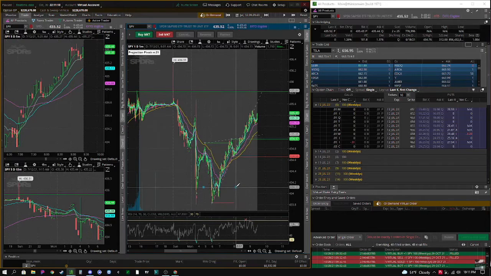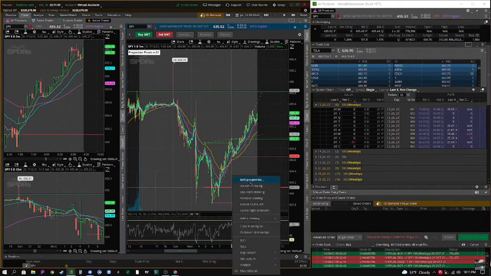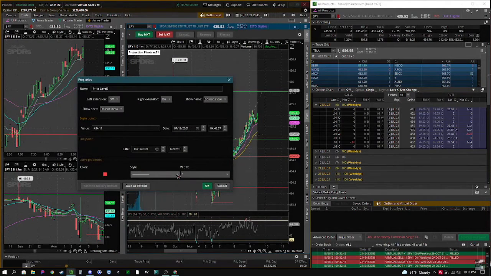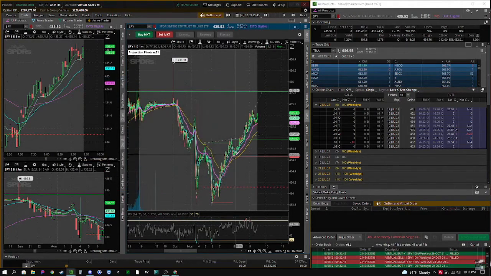So we're going to go ahead and put a price level right about there. We're going to keep it red. We're going to make it super small dots because it's super small volume in pre-market. That's how I remember. We'll make the width a little bit thicker so that we know the difference between our auto support study and our lines that we are making. And we'll throw it right there.